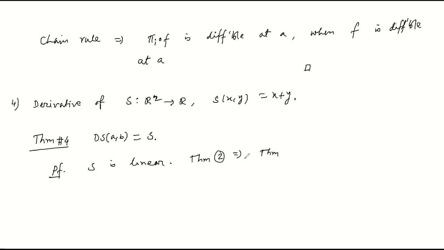Theorem 2 says that if T is a linear transformation, then T is differentiable and its derivative is T itself. And this is a special case.